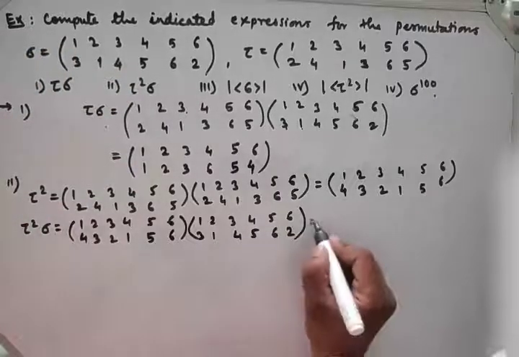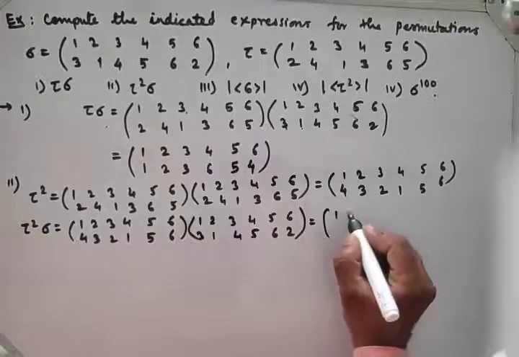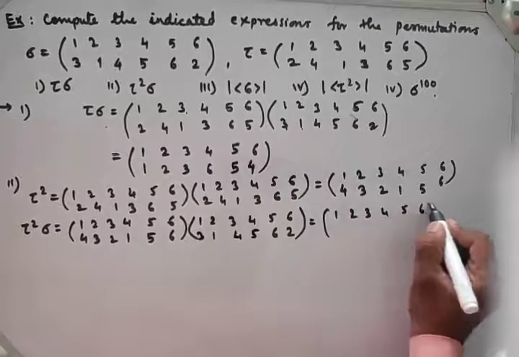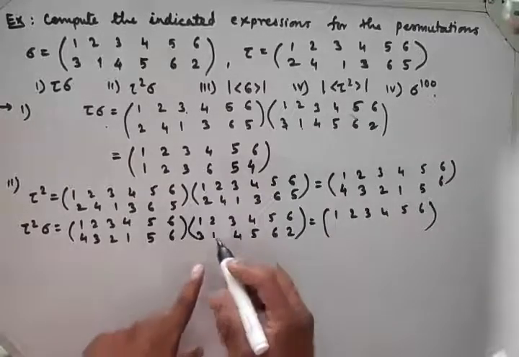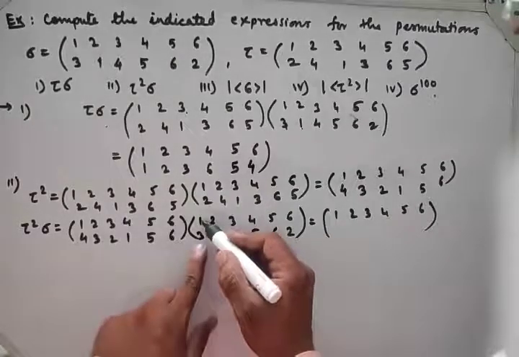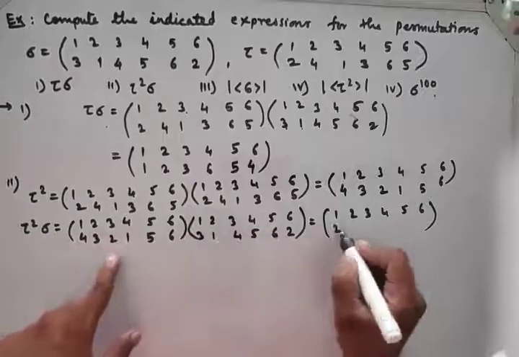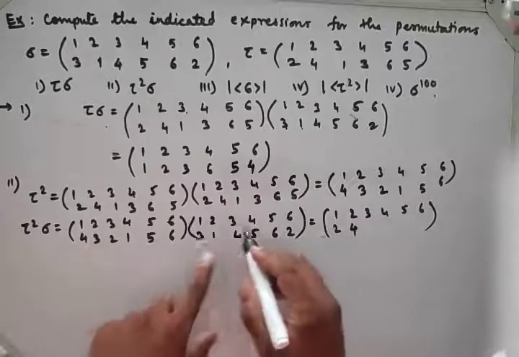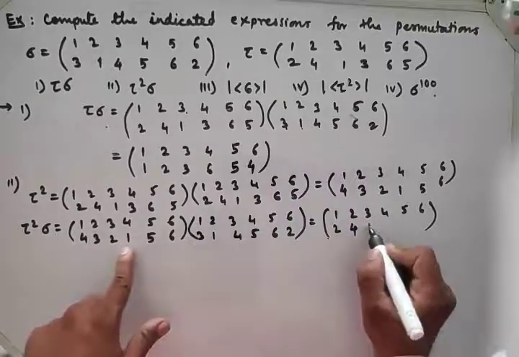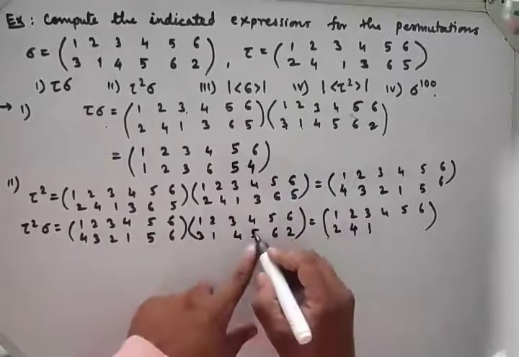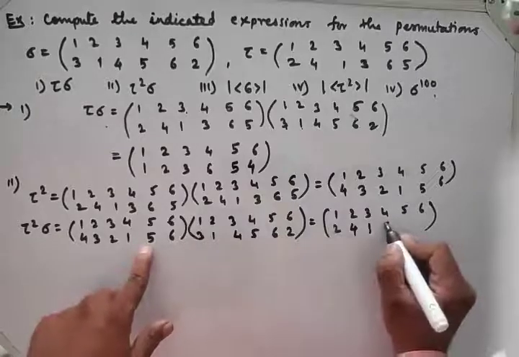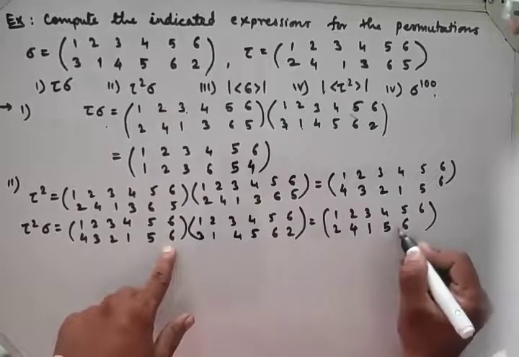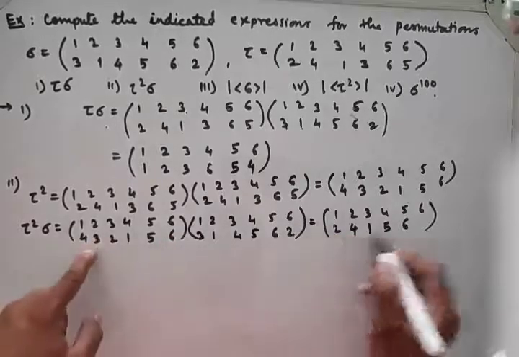For the product, I write six symbols and take the product from right to left. 1 goes to 3, which goes to 2, so 1 goes to 2. 2 goes to 1 goes to 4. 3 goes to 4 goes to 1. 4 goes to 5 goes to 5. 5 goes to 6 goes to 6. 6 goes to 2 goes to 3.